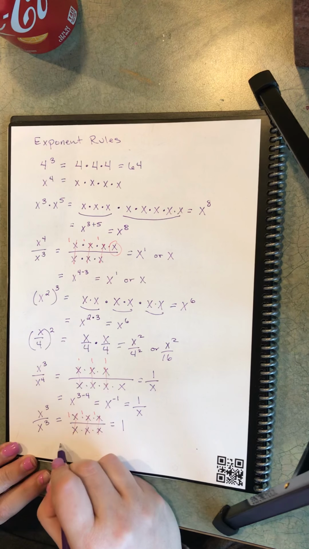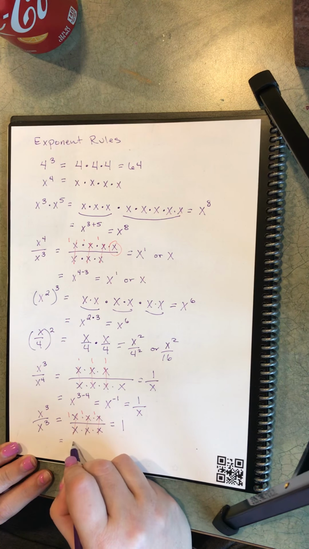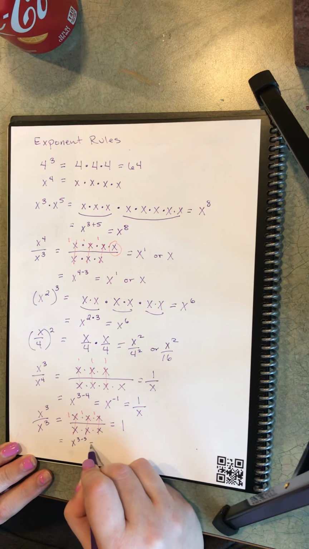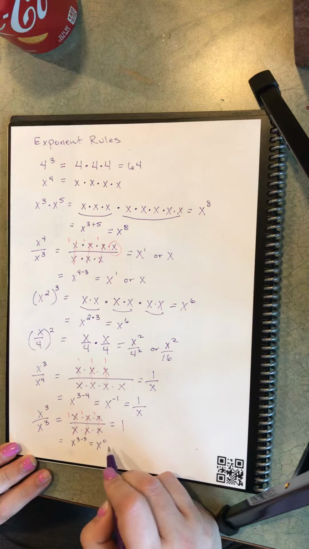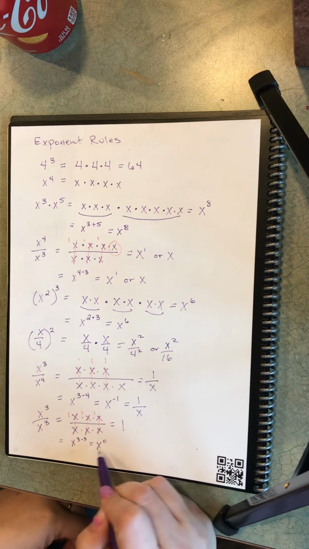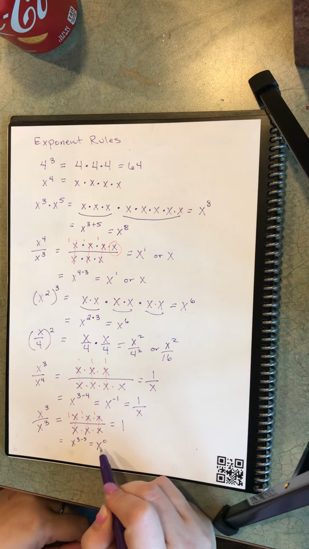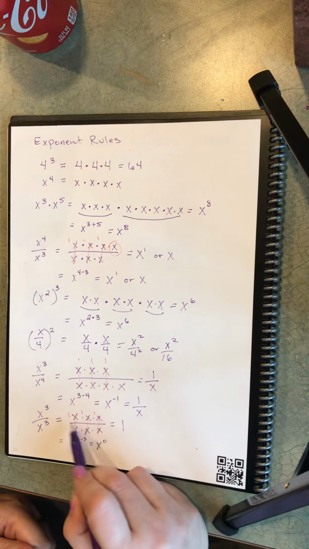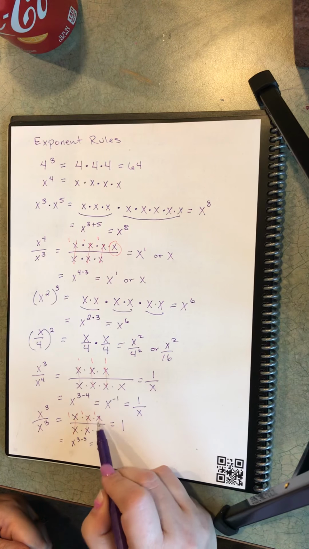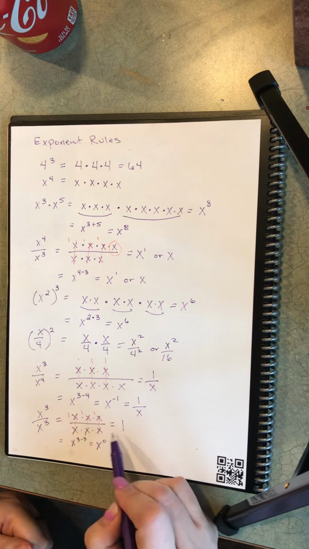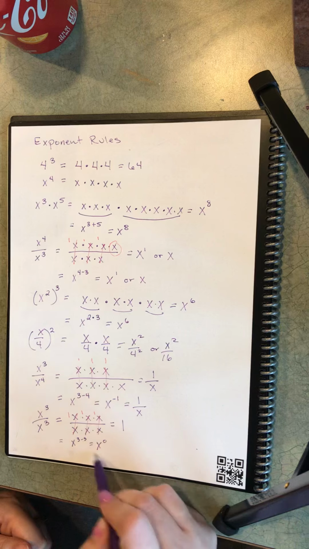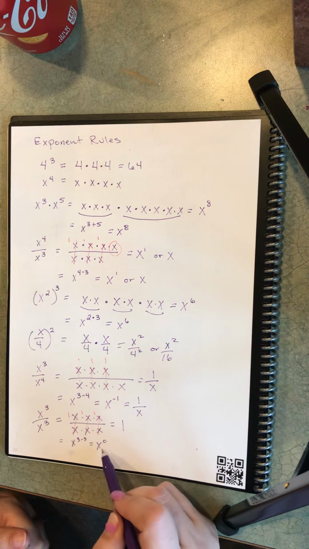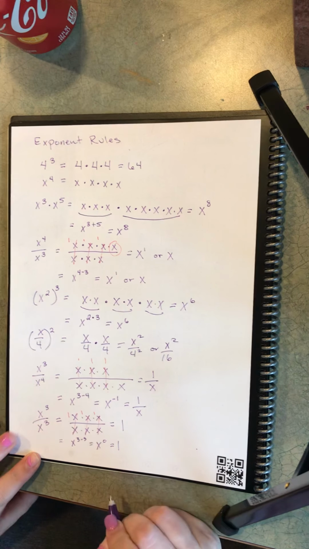But if I use my shortcut, then I have x to the 3 minus 3, which is x to the 0. So this is why anything to the 0 power is 1, because really what this is saying is, oh, I have the same number on the top and bottom of a fraction. They all divide to make 1, so I'm just left with 1. This is where x to the 0 comes from, that idea of dividing to make 1. So it equals 1.